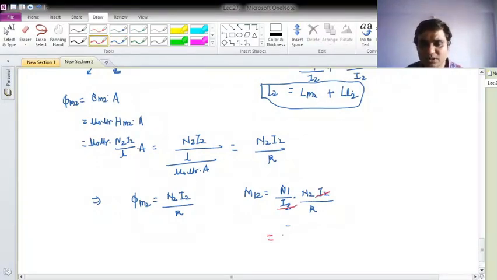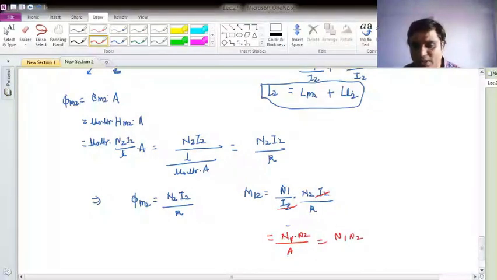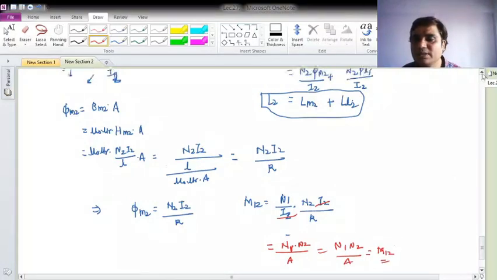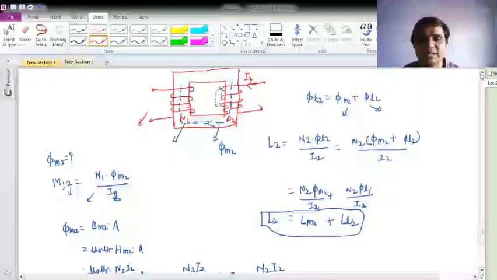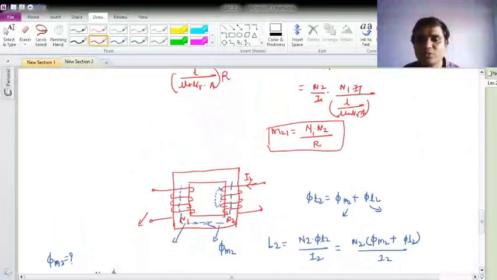So what remains now will be N1 into N2 upon R. Oh, let me write properly, N1 N2 upon R, which will be M12. Okay, and look at the previous magnetic circuit which we have taken for M21.